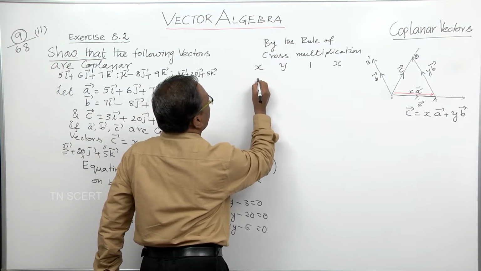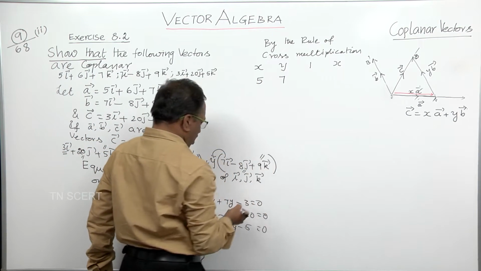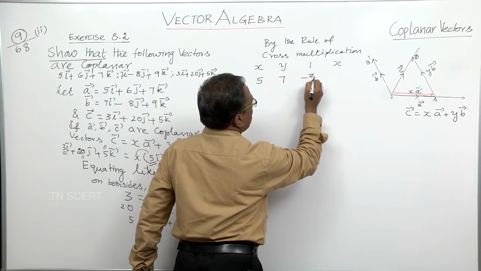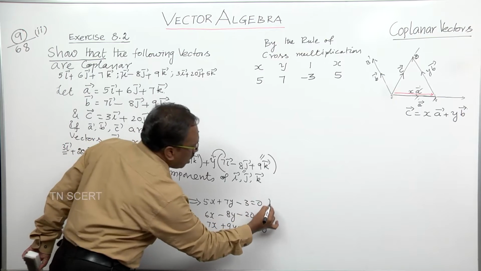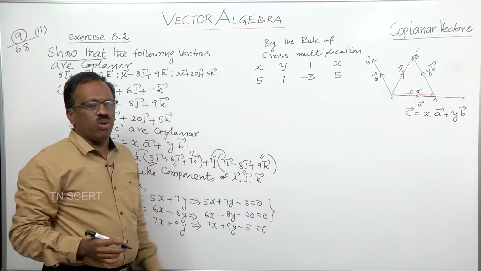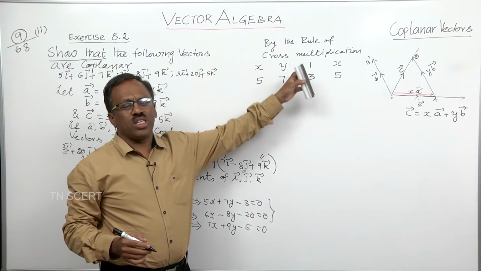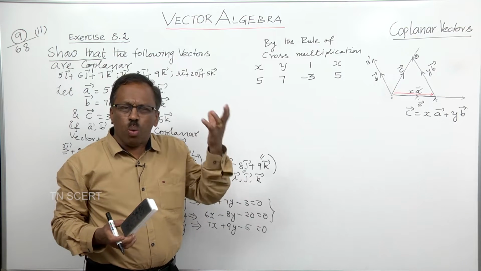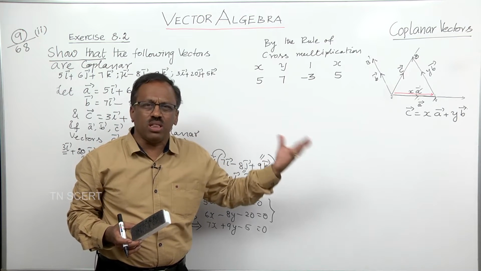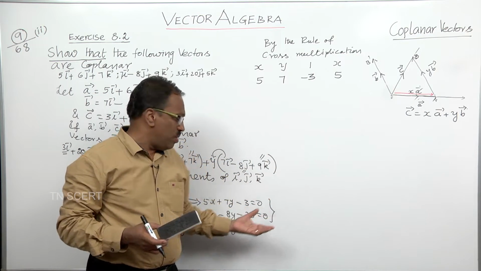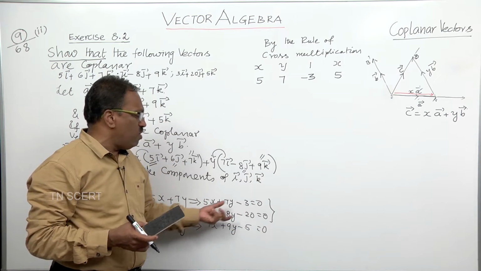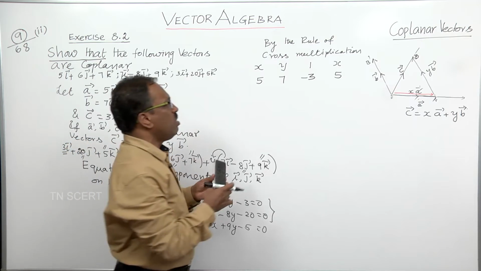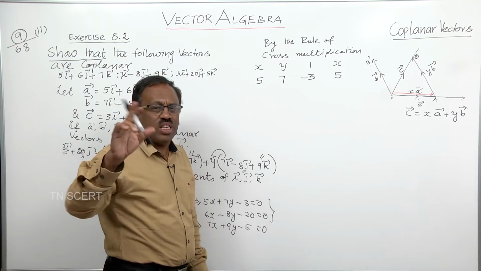Coefficient of x is 5 and then 7, then minus 3, then once again we write 5. The first 2 equations I have taken for the calculation of x and y, because if we take 3 variables, we take 3 equations. But here there are only 2 unknown variables, x and y. So, I take only 2 equations by which I can get the value of x and y.